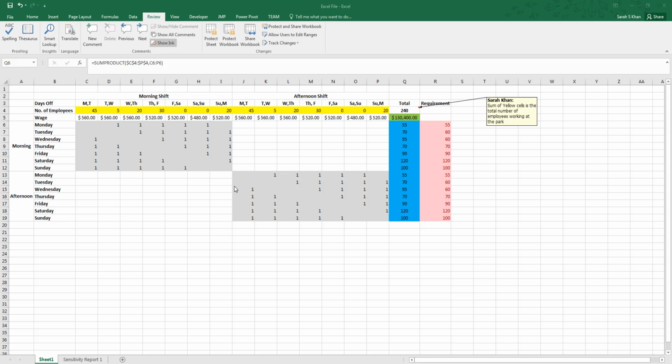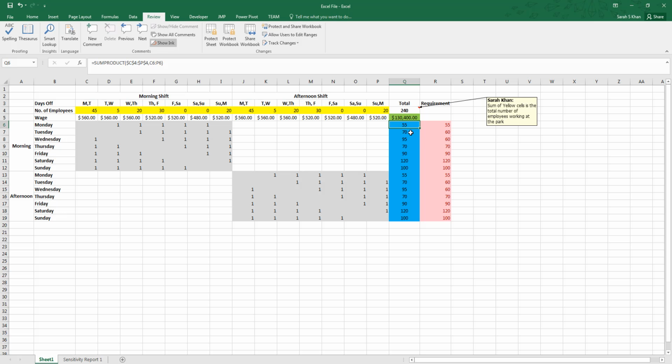Secondly, after looking at all the solutions, we now know how many people are actually coming against the requirement for this theme park in the morning and afternoon shift. A good question to answer would be, which days are best to schedule an additional event? In order to answer this question, we would compare our blue cells with the red cells. And if you see, there are a few days where we have more employees coming than the demand we have.